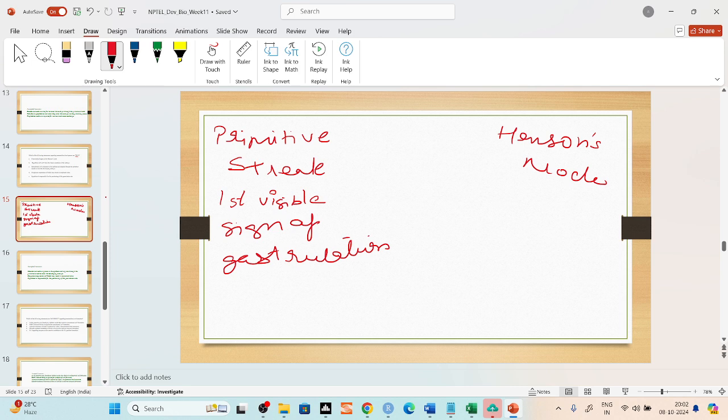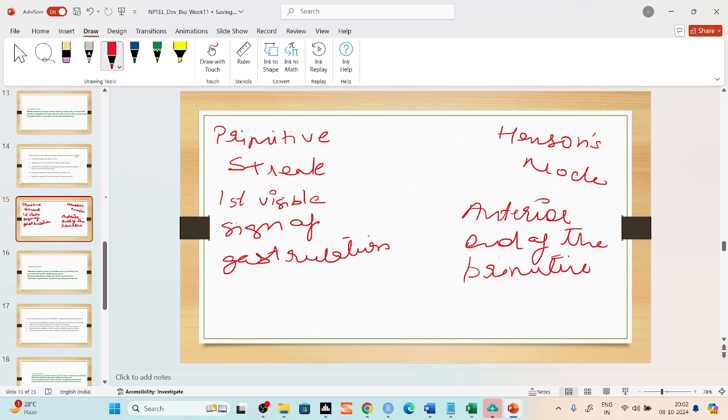Okay, so at the anterior end of the primitive streak, you will have a regional thickening which is known as your primitive node or Hensen's node.